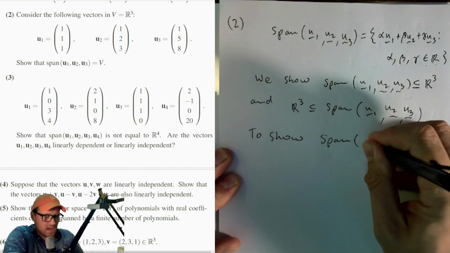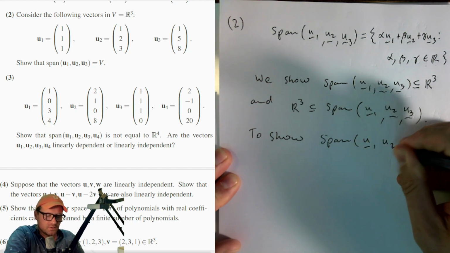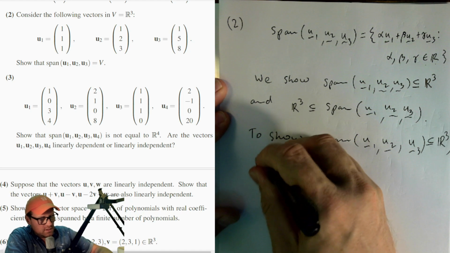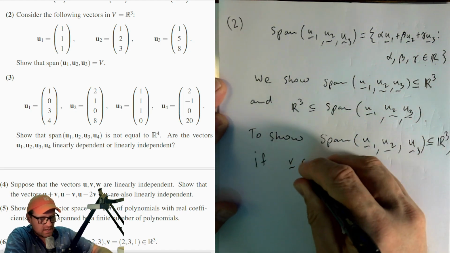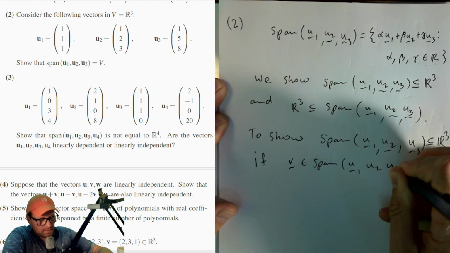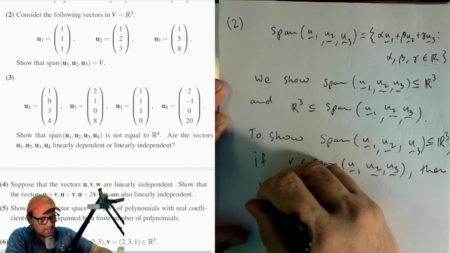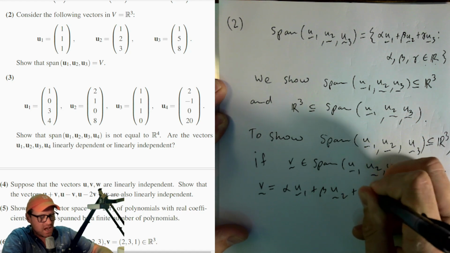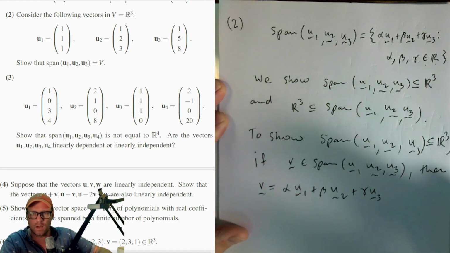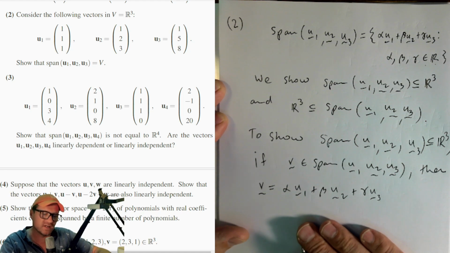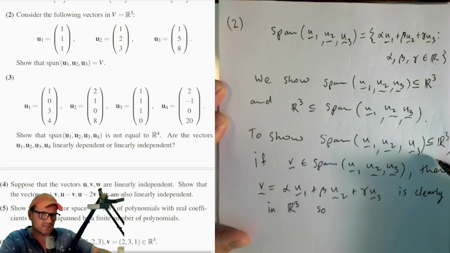To show that span of U1, U2, U3 is a subset or equal to R3, if lowercase v is an element of span of U1, U2, U3, then v is of the form alpha U1 plus beta U2 plus gamma U3, where alpha, beta, gamma are real numbers. And this is clearly an element of 3 space, so this is actually trivial.